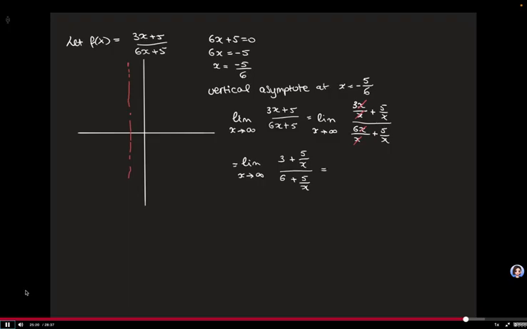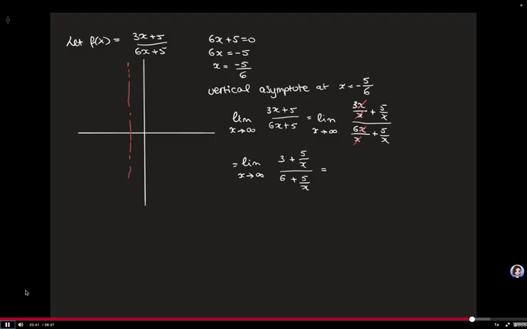What we see is that if we fill in a really big number for x, and we do that because we say x goes to infinity, 5 divided by a really big number goes towards 0, right? Imagine that you have €5 and you want to distribute it over many people, then everyone gets a really small amount.